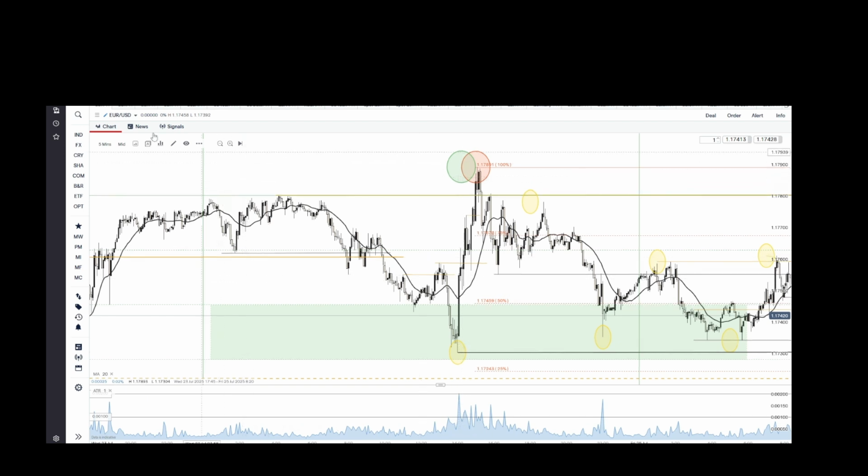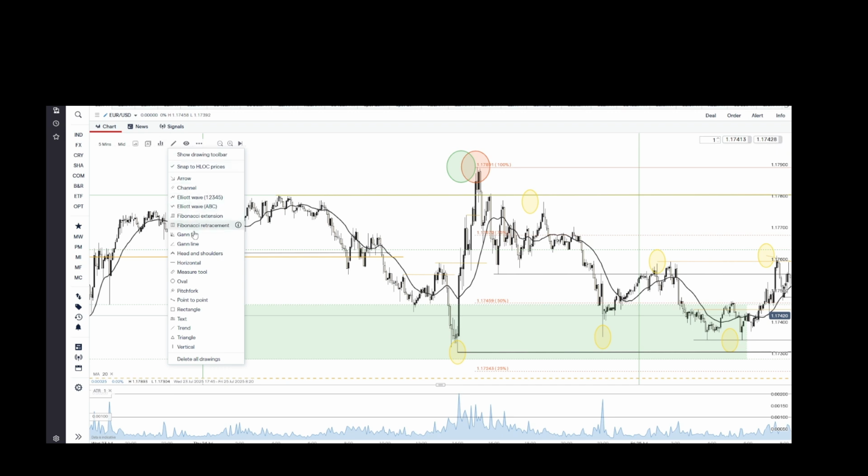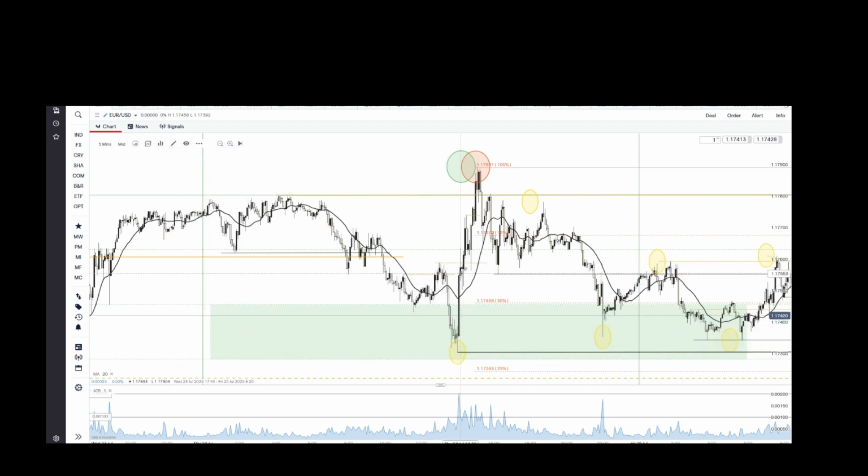My stop, what would my stop have been? To get to the bottom of that candle, this level, this swing point here, I would have been nearly 30 pips. And there's only 30 pips up to here, so I wasn't prepared to take that.